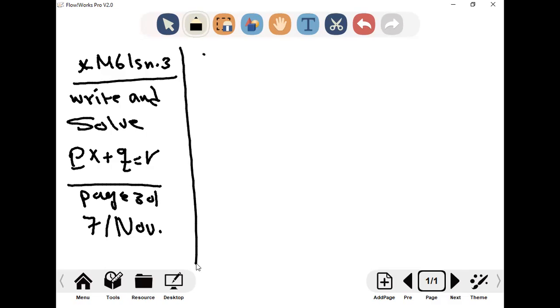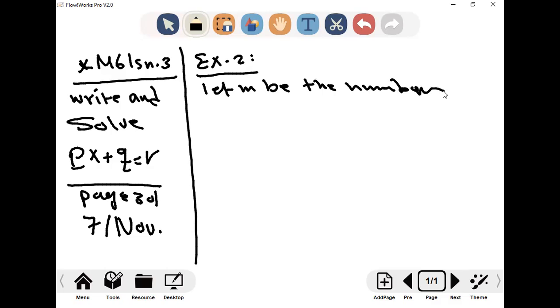Let m, example 2, focus. Let m be the number of what? Of minutes. Okay? I don't know the number of the minutes, but I know in each minute the water decreased how many? 5 gallons, right?